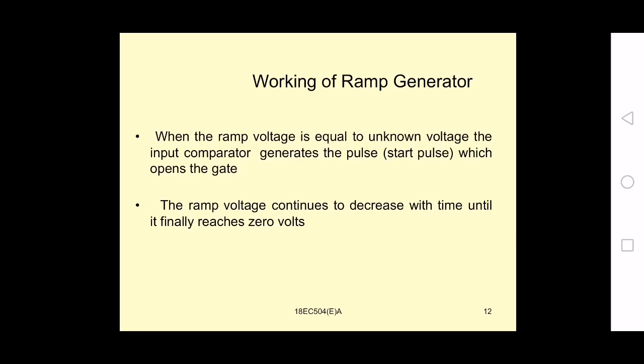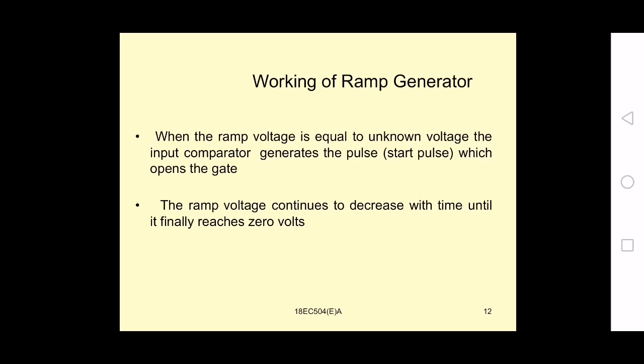When the ramp voltage is equal to the unknown voltage, the input comparator generates the start pulse, which opens the gate. The ramp voltage continues to decrease with time until it finally reaches 0 volts, as it is a negative going ramp.